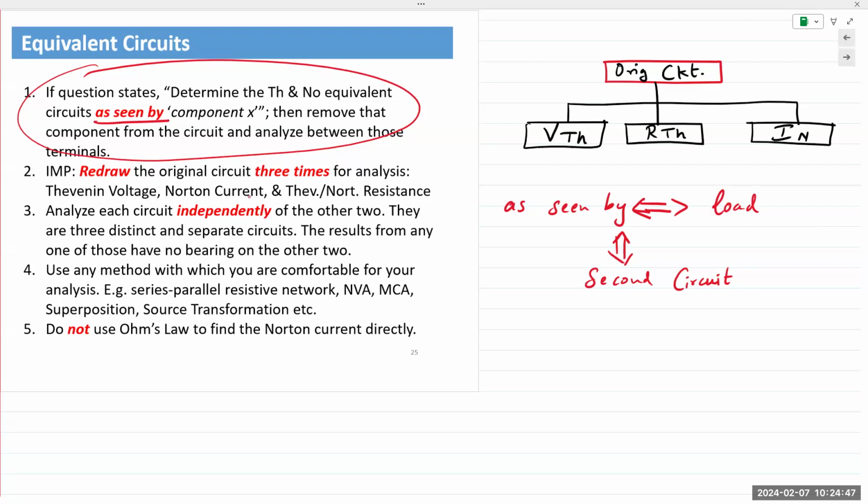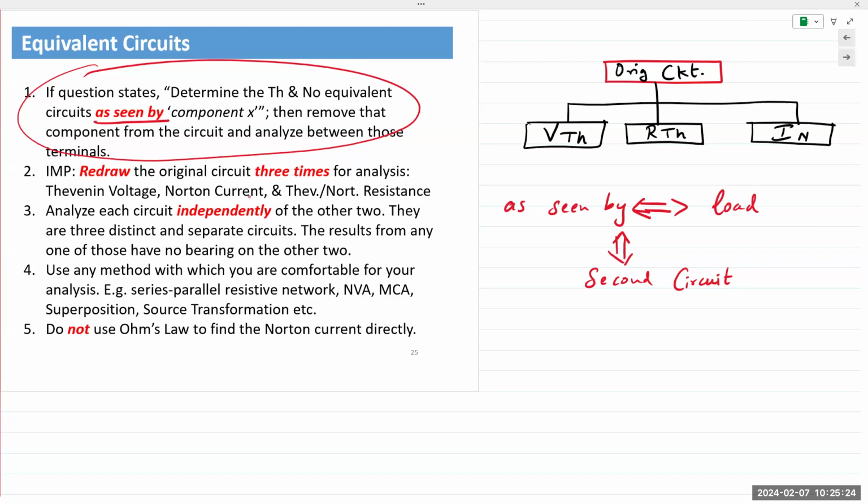So again, if the problem statement has as seen by a particular component, whether that component is a source, a resistor, capacitor, does not matter. If you see the phrase as seen by, or the phrase represents the load, that component is not part of your analysis. This is very important to understand. If you see these words, then you remove that component from your analysis.